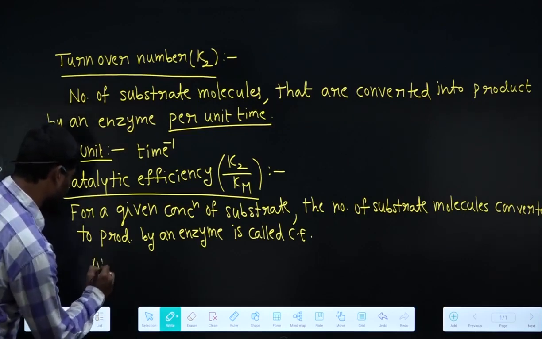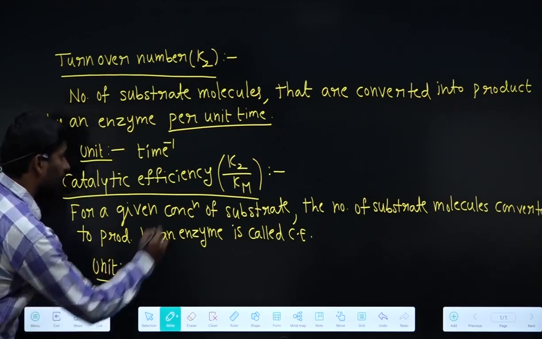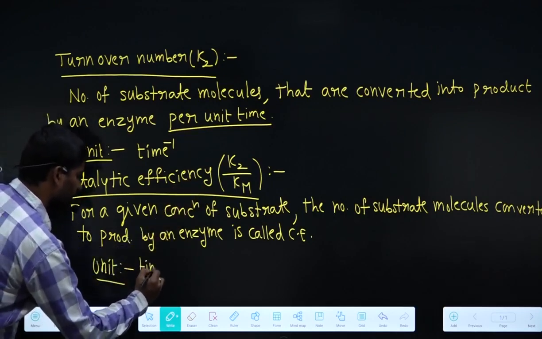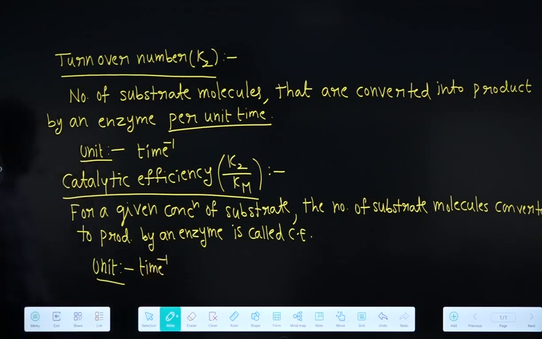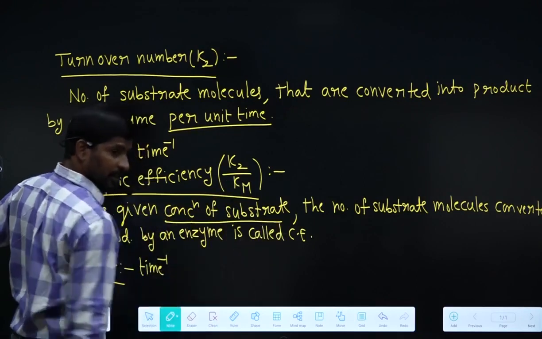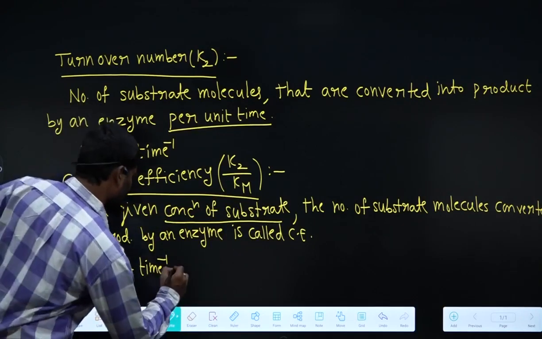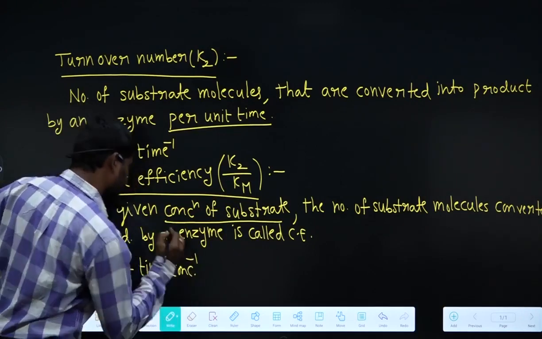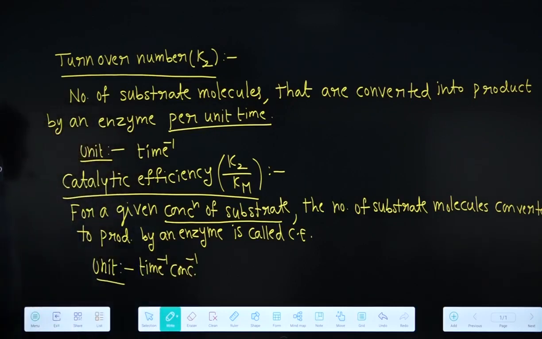Okay, the unit: K2 has unit time inverse, that is a first order rate constant. Next, Km is a concentration, so for a given concentration we are writing concentration inverse. So the unit is concentration inverse and time inverse.